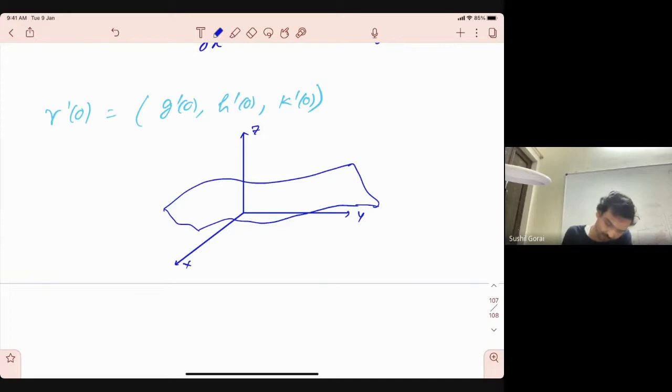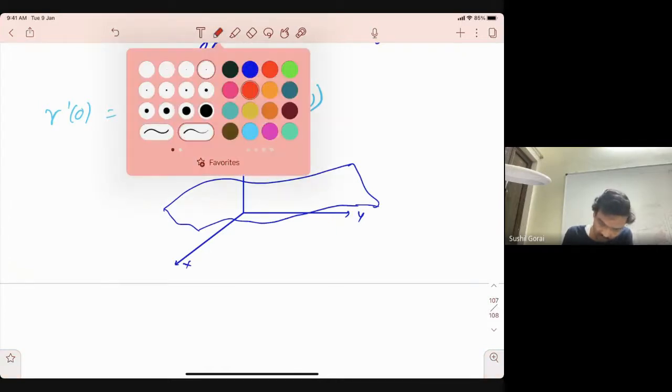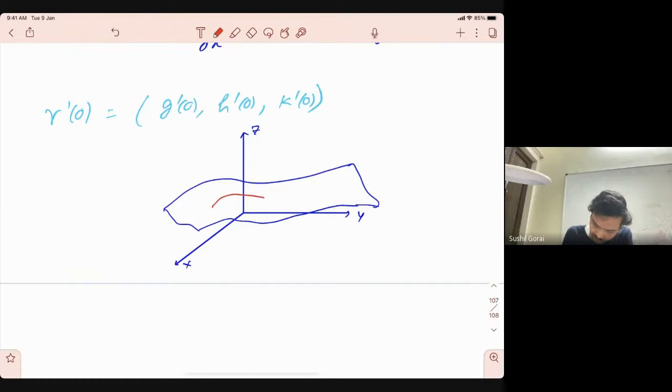Now suppose this one is a curve, a curve inside this surface. This is gamma(t), right? And at 0, you have this point.